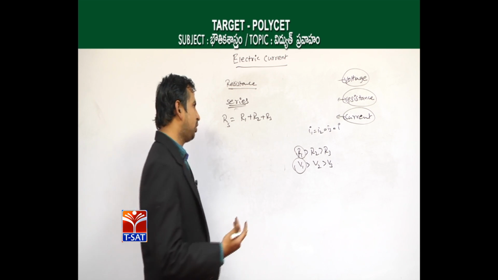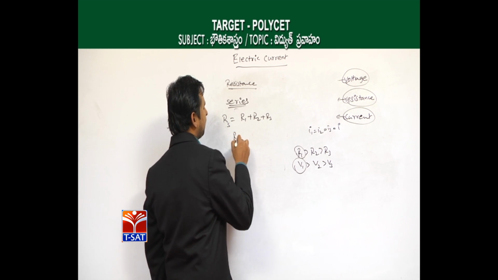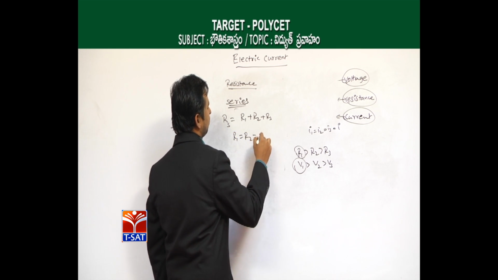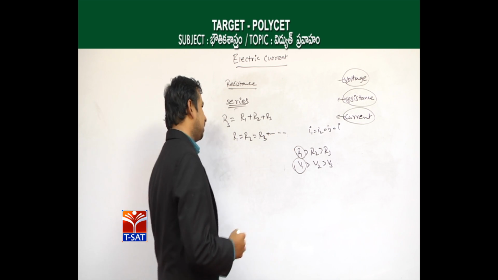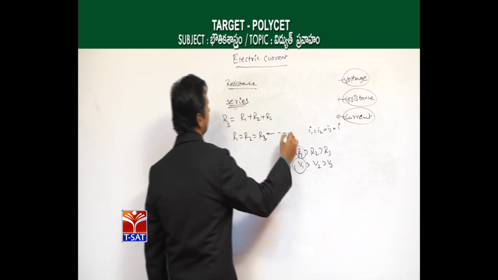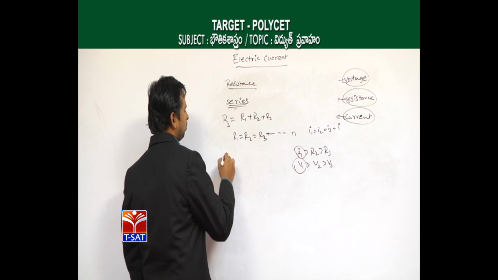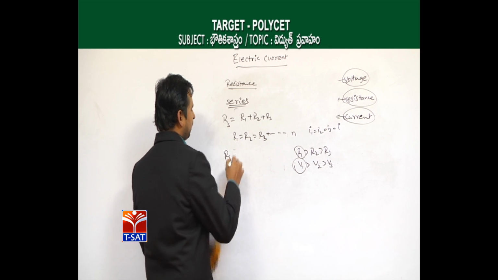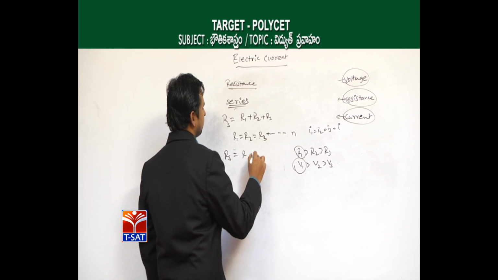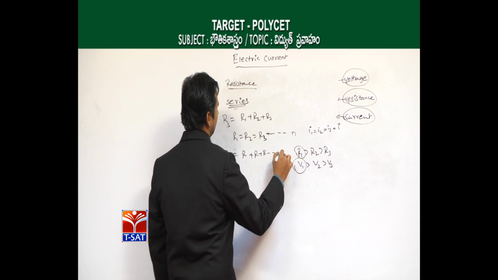For example, if you are using the same type of resistors in all the cases, R1 is equal to R2 equal to R3 and so on, then what happens is the final resistance becomes, for up to n resistances, RS is equal to R1 plus R2 plus R3, which means R plus R and so on, n times.